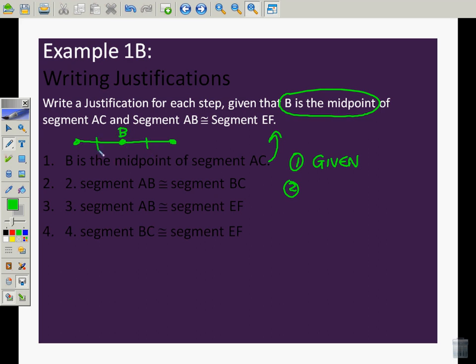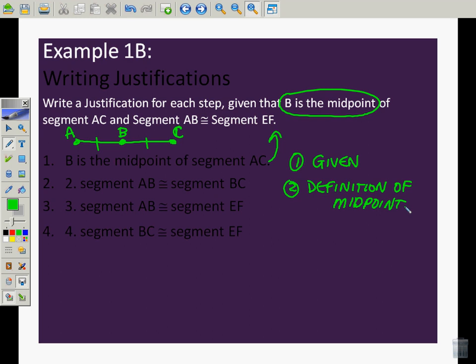If I think about this logically, I'm given that B is the midpoint. So segment AB being congruent to segment BC is the definition of midpoint. B is the midpoint, so both sides must be the same.